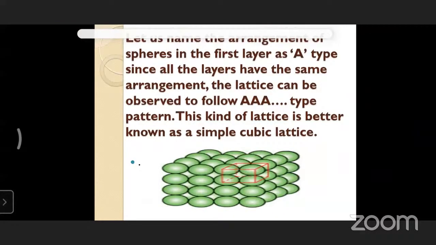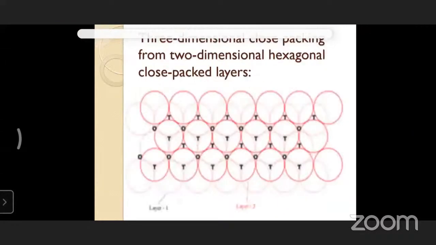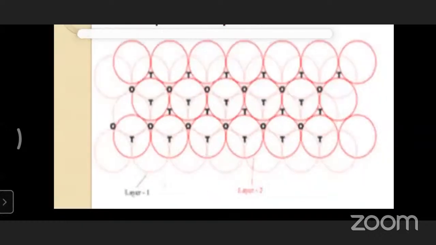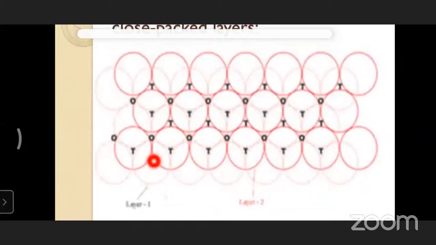In three-dimensional close packing, we have the first layer and the second layer. Now we will observe three-dimensional close packing from two-dimensional hexagonal close packed layers. Here you observe the black color layer and the lighter color lines below the thicker lines, which is mentioned as layer 1.